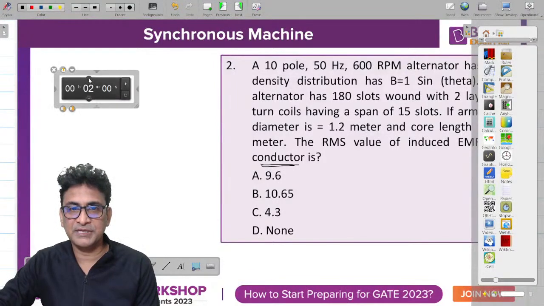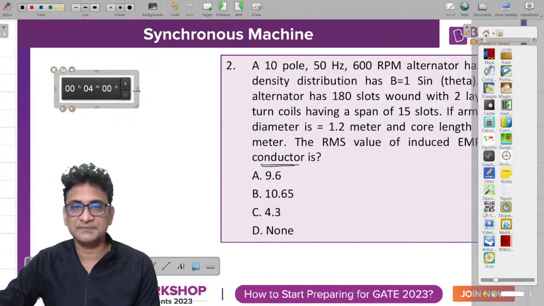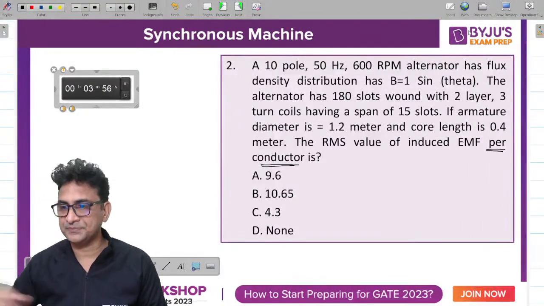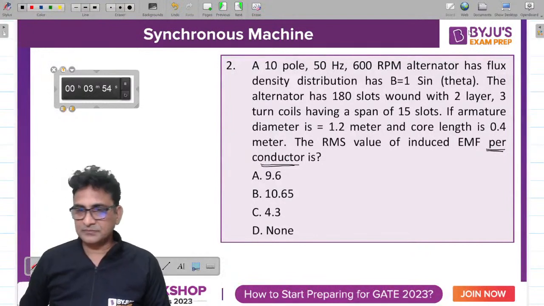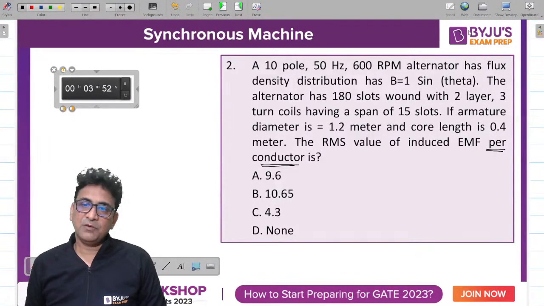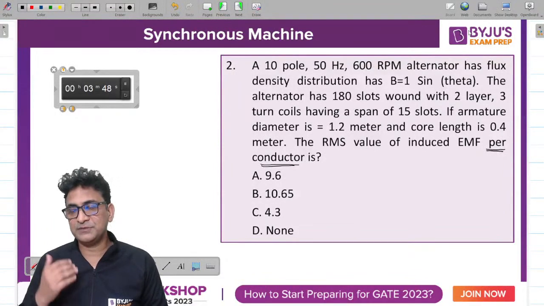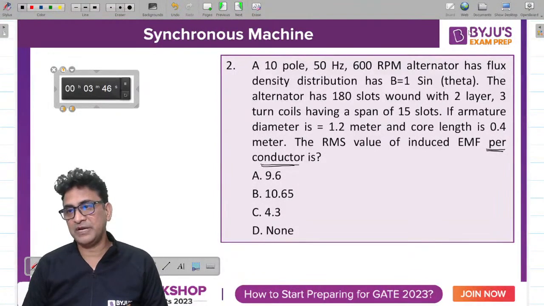I am giving you 4 minutes to solve this question. Today you will learn how to find the induced EMF in a single conductor, in a coil, and per phase in a winding. The winding has a number of coils and a single coil has a number of conductors.